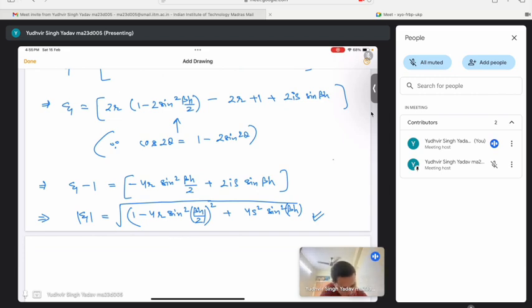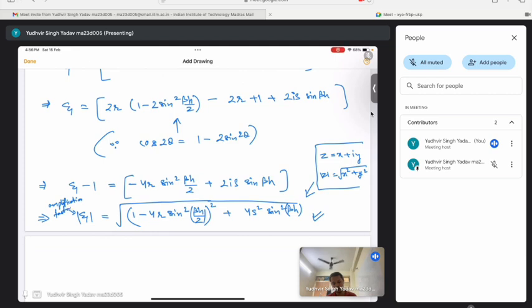Here, if we have z equals x plus iy, then the modulus of z is the square root of x² plus y². We have used this concept to obtain the following relation for the amplification factor ξ, as we have discussed earlier.